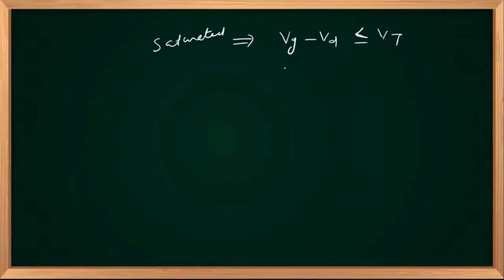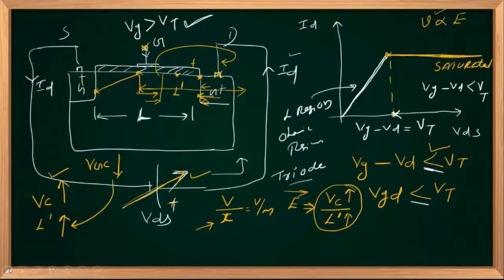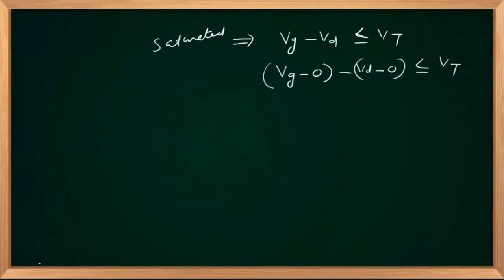We are bringing in our reference terminal, that is the source. So Vg is nothing but Vg minus 0, right? Vd is nothing but Vd minus 0, right? Less than or equal to Vt, which is a constant parameter. And you can see that we assumed the source is at a reference, let us say 0 volts. So if I am changing the reference, Vg minus Vs minus (Vd minus Vs) is less than or equal to a constant Vt. Is that clear?